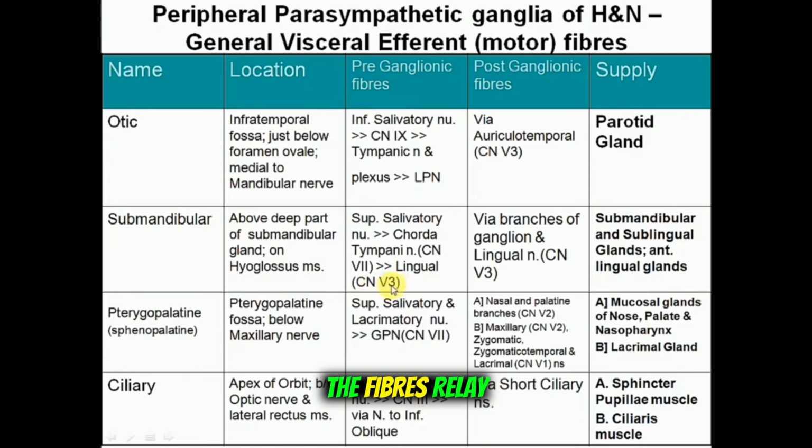From here, the fibers relay in the submandibular ganglion, and the postganglionic fibers pass via the branches of the ganglion and the lingual nerve to supply the submandibular and sublingual salivary glands.